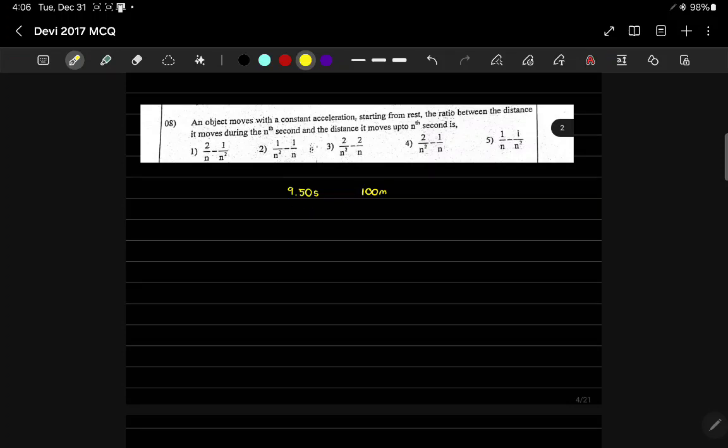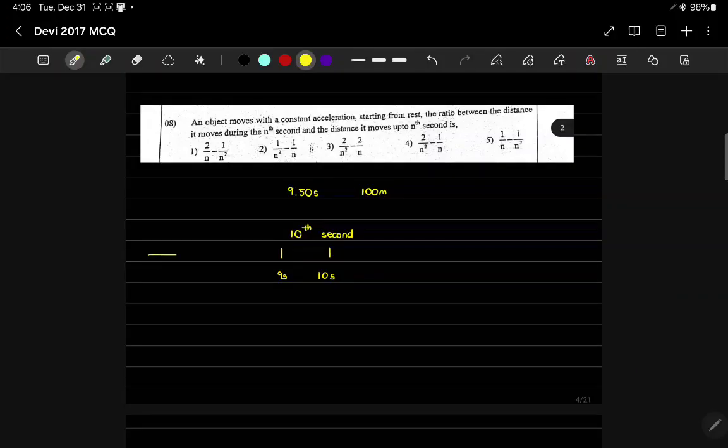But if someone asked in which second he finished his race, we could say that he finished in the 10th second. So what is meant by the 10th second actually? The second in between 9 seconds and 10 seconds. Now these are kind of like positions in time.